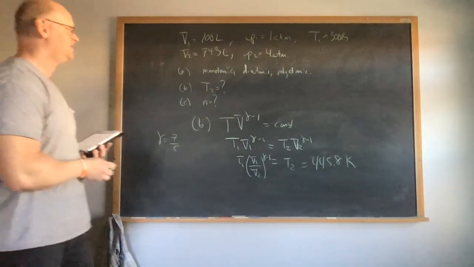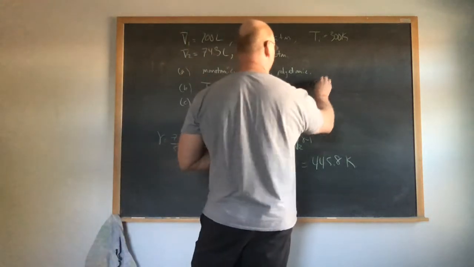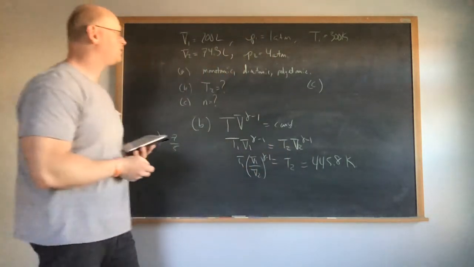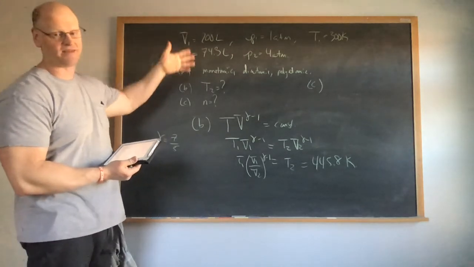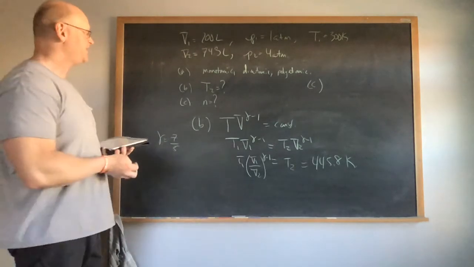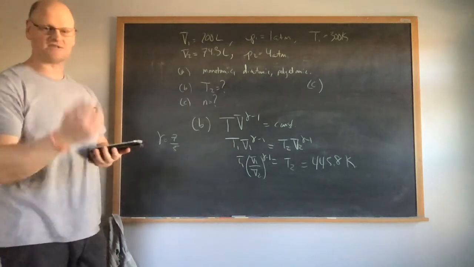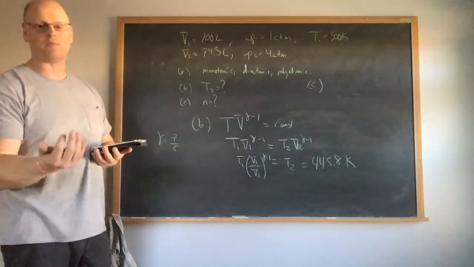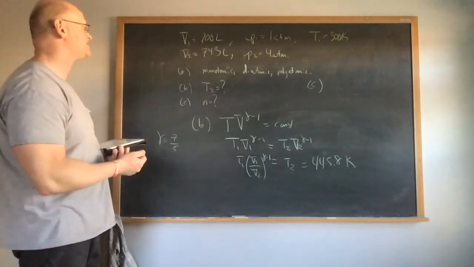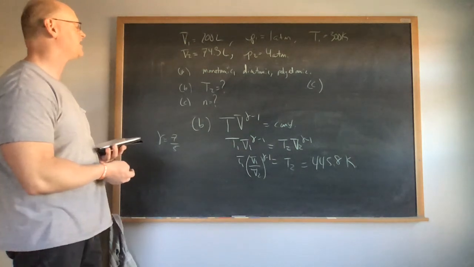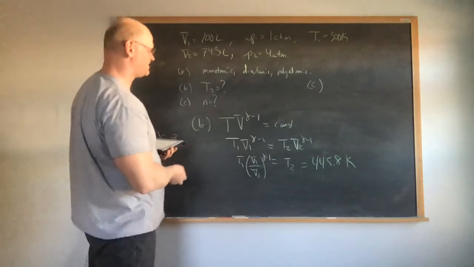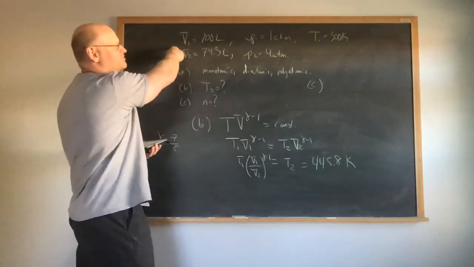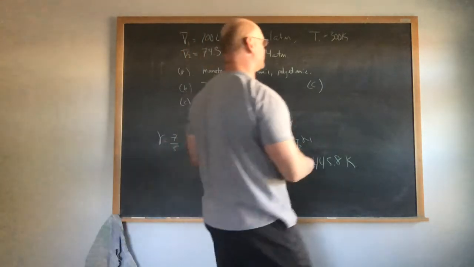Great. Part C, we now want to know the number of moles. This is an ideal gas. Whether it's monatomic, diatomic, or polyatomic, it's still ideal, which means it has to satisfy the ideal gas law at any point. It doesn't matter what that point is, it just has to satisfy the ideal gas law. Since we already know everything at the initial point, let's use that to determine the number of moles.